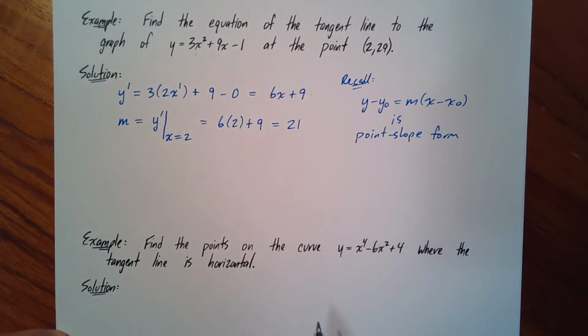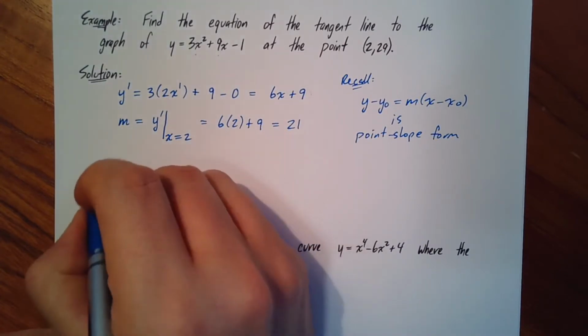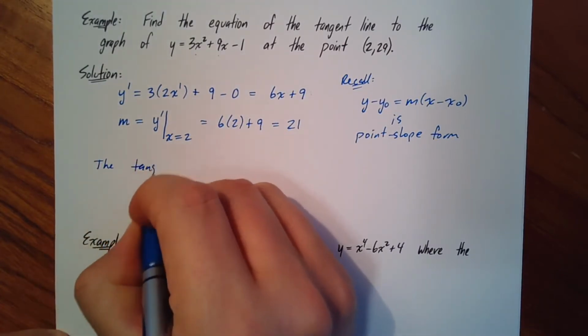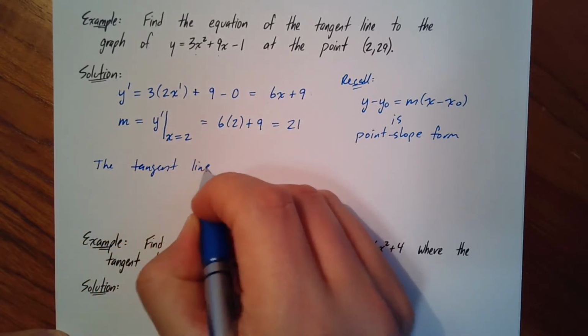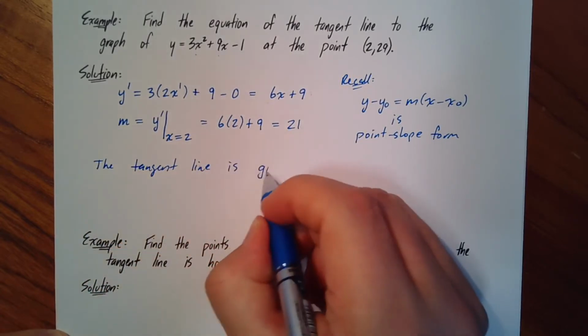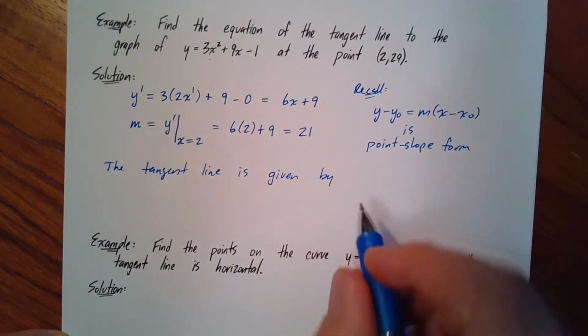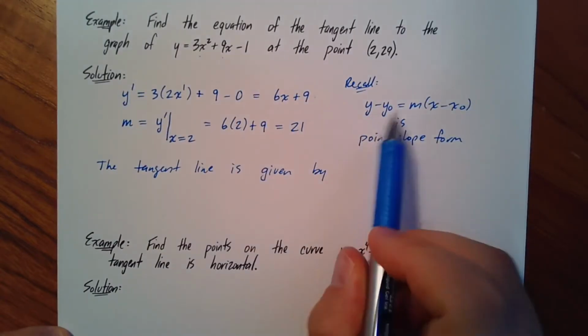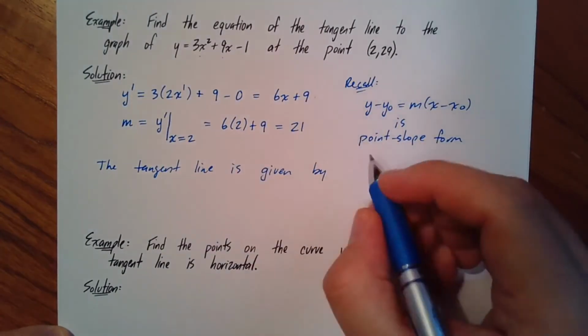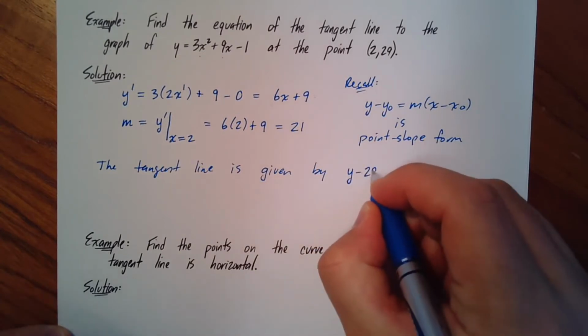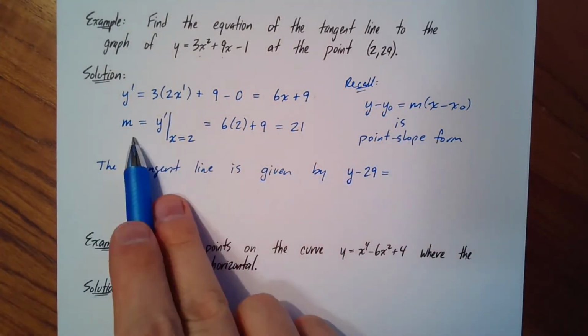Okay, so that means we're almost done because for the tangent line, we have everything we need. The tangent line is given by y minus y naught, where y naught is going to be 29. And then our m, we worked it out, it's 21.